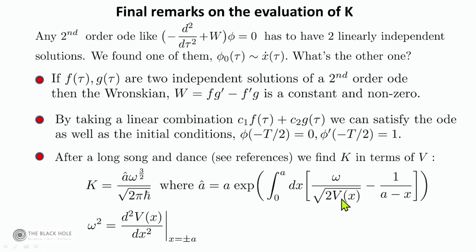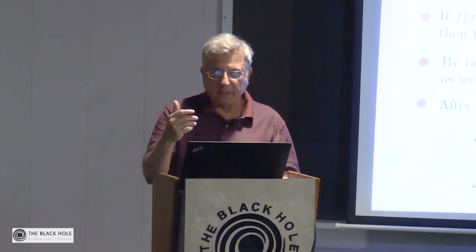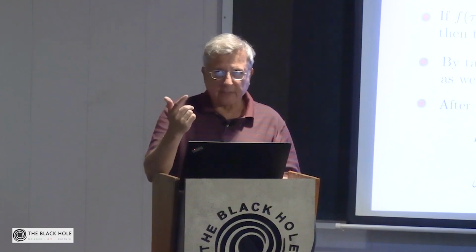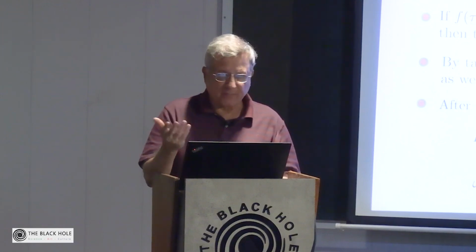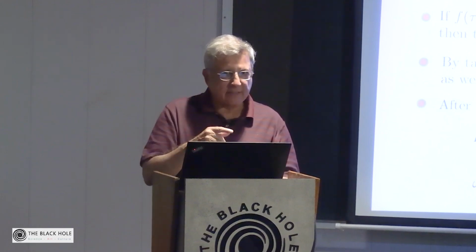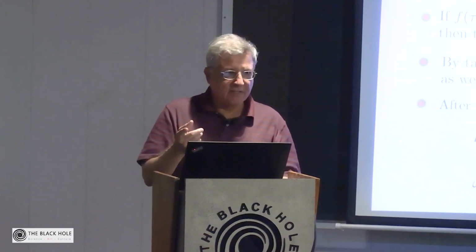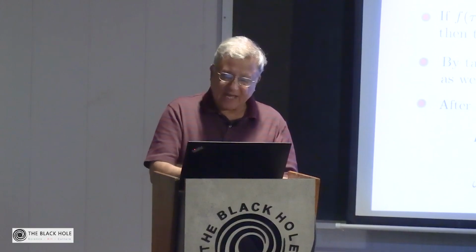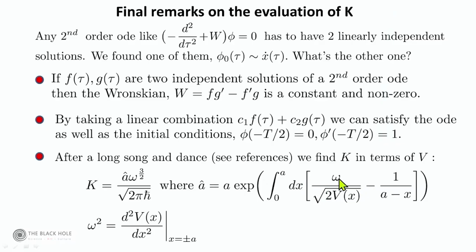V of x, let's say you take the potential x squared minus a squared, squared. When you take the square root of that, you get x squared minus a squared. Then you integrate that. Well, there's a logarithmic singularity there. So that logarithm and that singularity from here and the singularity from here will cancel each other, and you'll get a finite result.